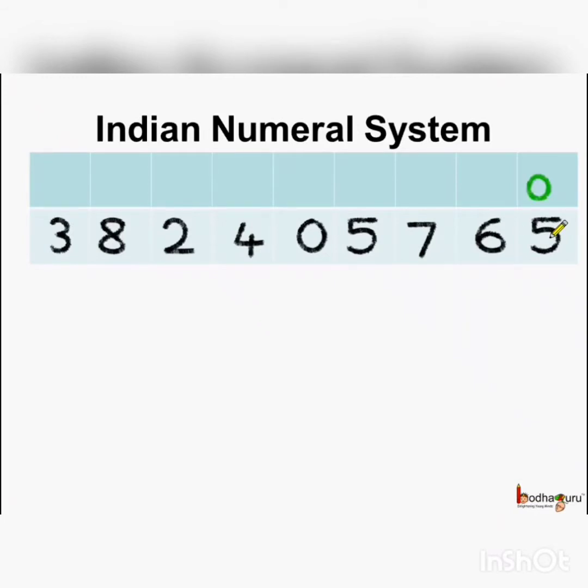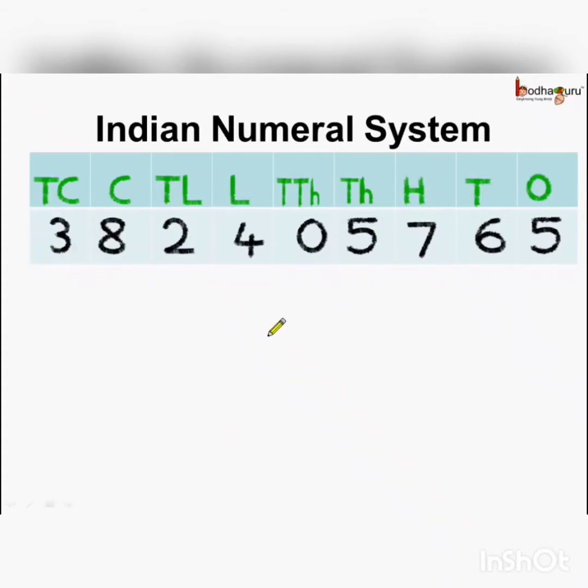Then comes the tens place, then hundred, then thousands, 10,000, then lakh, then 10 lakh, then crores and then 10 crores. So now it becomes very easy to read any large number if we place it under the place value chart according to the Indian numeral system.